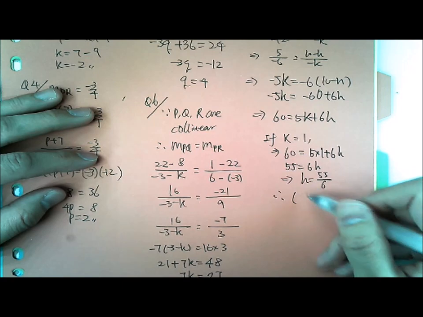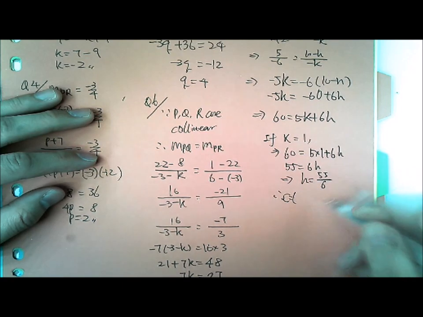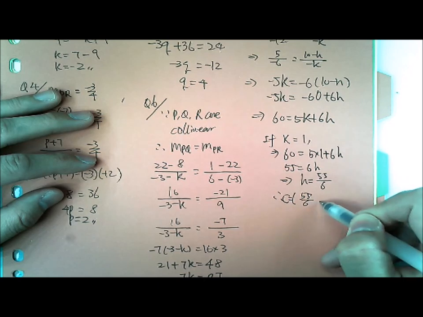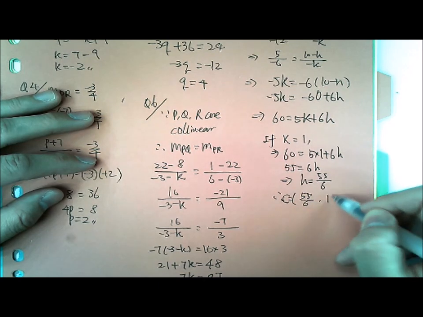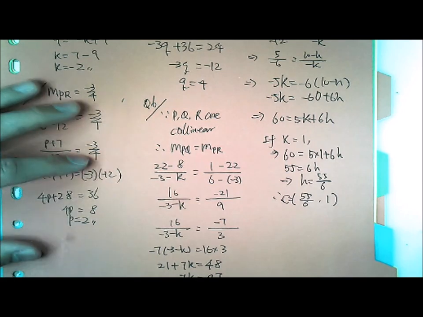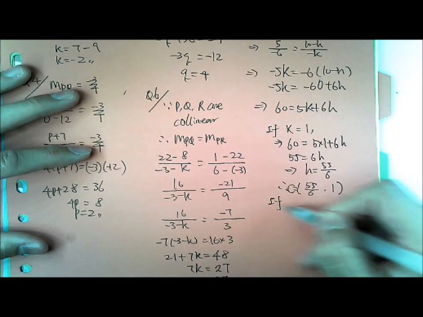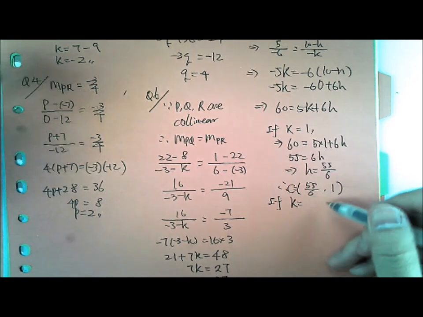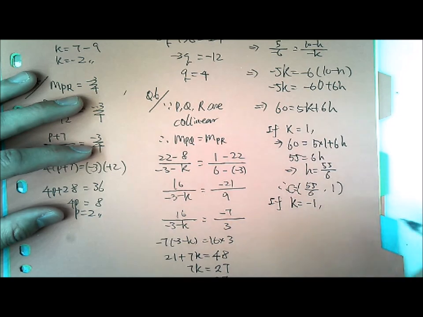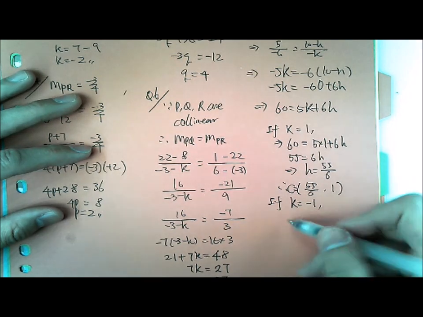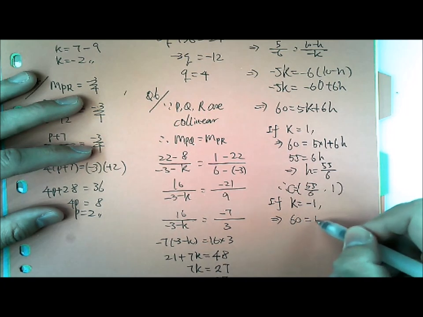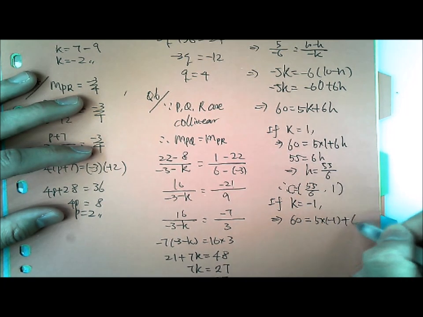Understand? So the C coordinate could be 55 divided by 6 and then 1. So this is one possible. You can change the other. If k equal to, you can change to any other number. You can take it -1. Don't make it 0. Then you have 60 equal to 5 times -1 plus 6h.